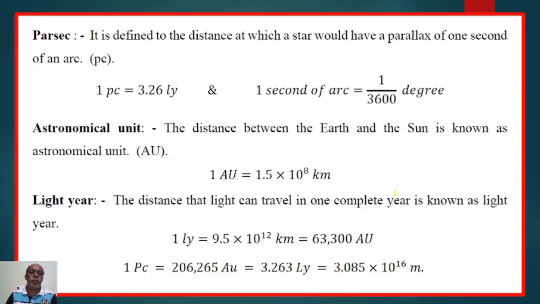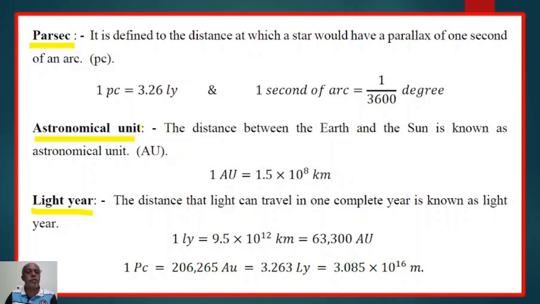Now coming to certain definitions regarding astrophysics. One such definition is the parsec, a unit used to measure distances related to astrophysics or heavenly bodies.